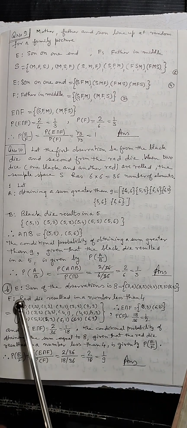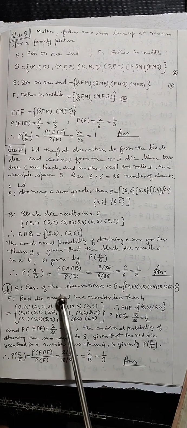Now the B part, that is event E, the sum of the observation is 8.